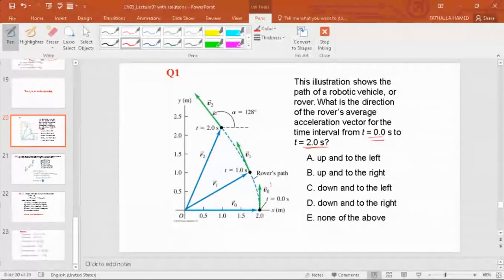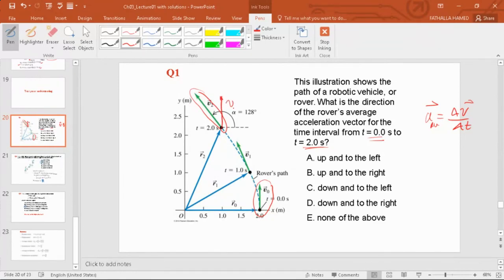So this is your vector here at t equals 0, and this is your vector here at t equals 2 seconds, and you want to get your average acceleration. You know that the average acceleration is delta v by delta t. So you're going to bring this vector up here.